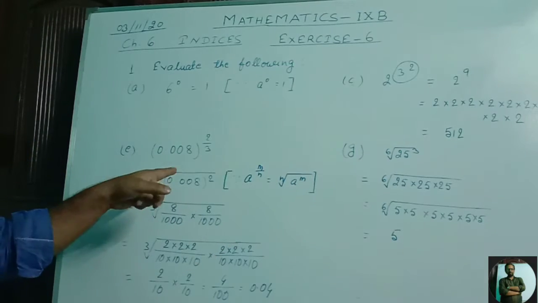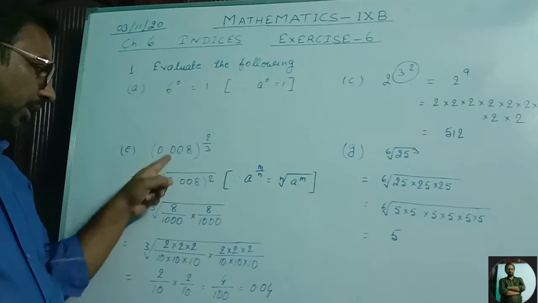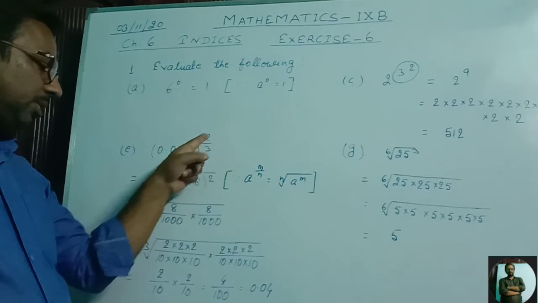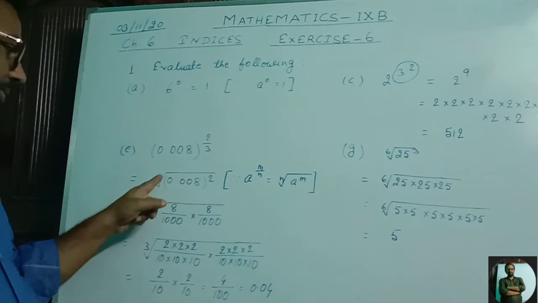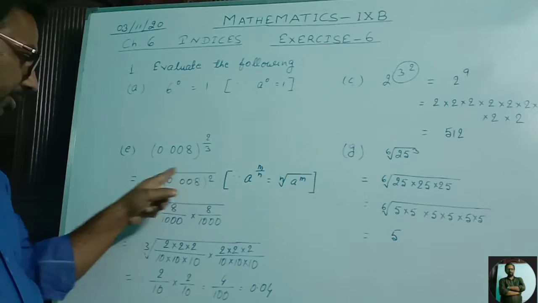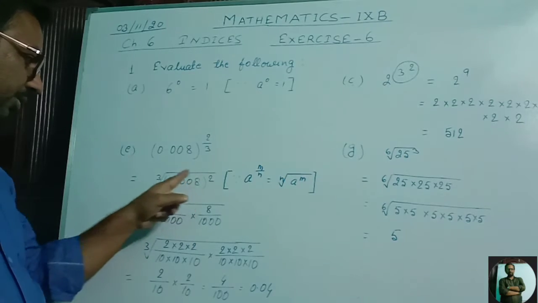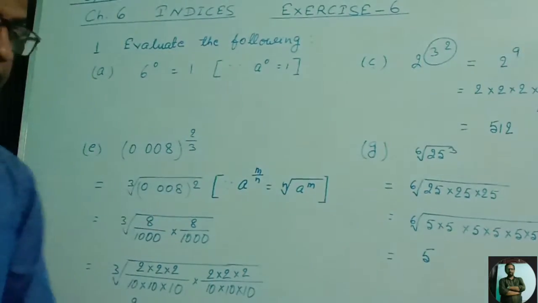Same form is there. So this 3 will come here, cube root of 0.008. This numerator will come as the power, that is the square. It became a cube root. This is the cube root, and with this complete we say cube root of 0.008 whole square.